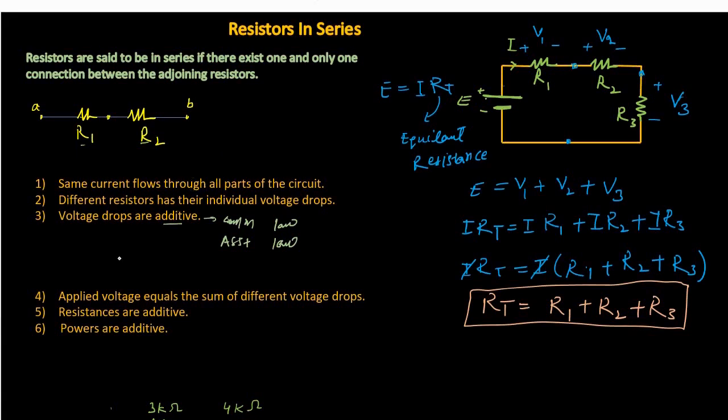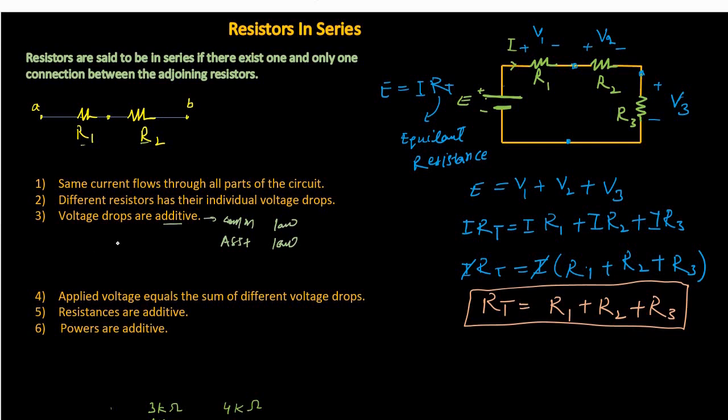Now for a series combination of resistors, the applied voltage would be equal to the sum of the different voltage drops across each resistor. We have already discussed that according to the law of conservation of energy, the voltage supplied by this voltage source would be equal to the voltage drop in this network. For a series combination of resistors, resistances are additive.